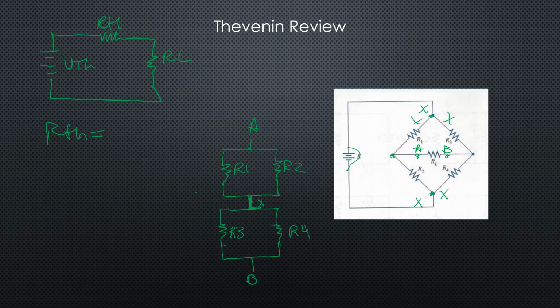So if we want to write that formula, R1 in parallel with R2 plus R3 in parallel with R4. There's our R Thevenin.